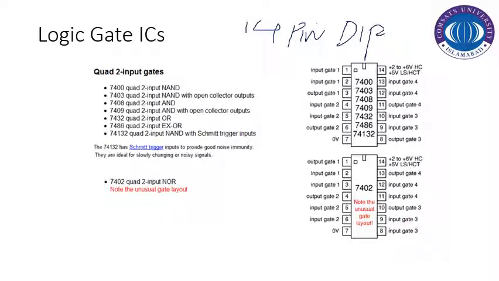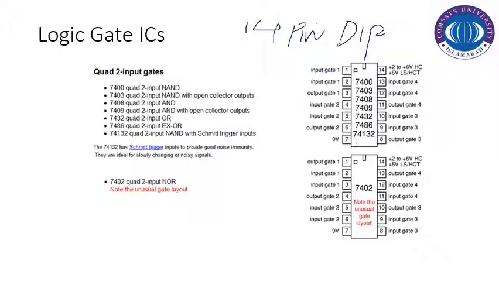That means half of the pins are on one side and half of the pins are on the other side. So these pins are opposite to each other in the representation. Both sides contain an equal number of pins here. This is a 14 pin package.